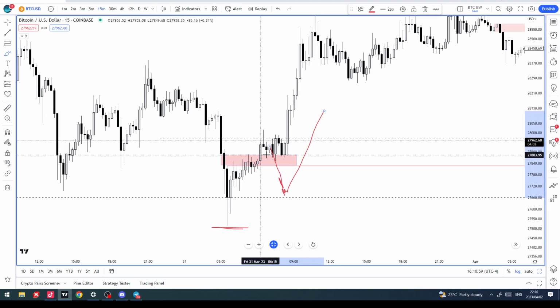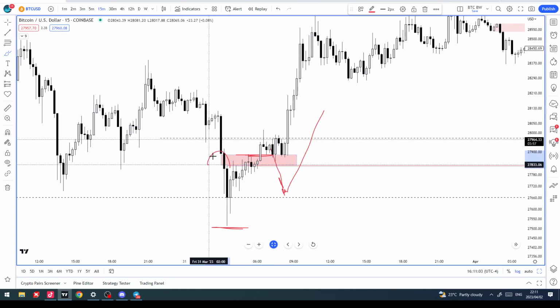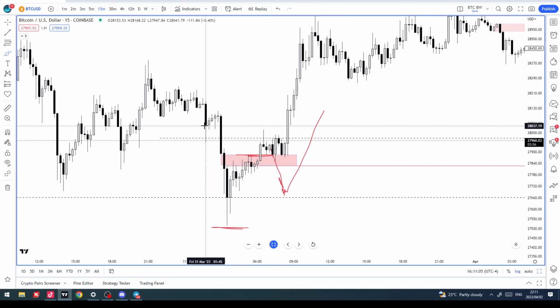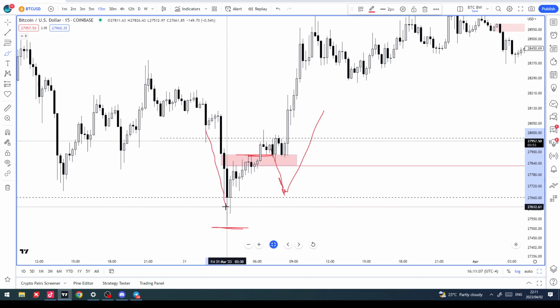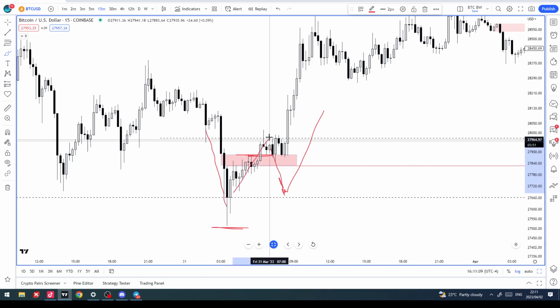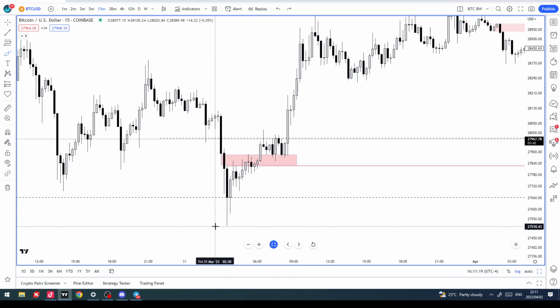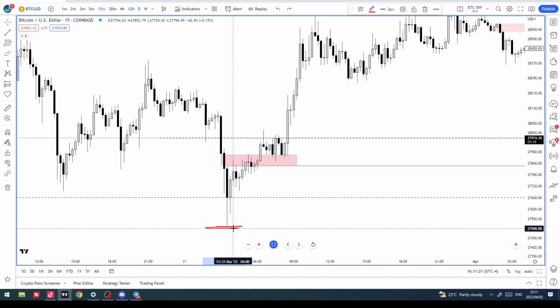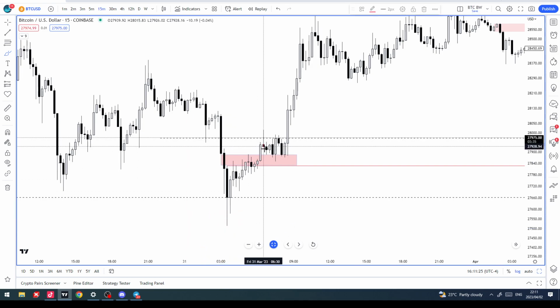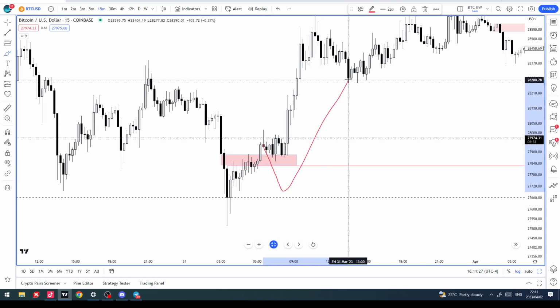Immediately upon closing above an opposing FVG, opposing because the delivery was to the downside, we are now closing above an opposing side FVG, which is this one. Once that happens, you can immediately go long. But again, like I said, the risk is on you, because there's a small chance that it can do that and then move away.